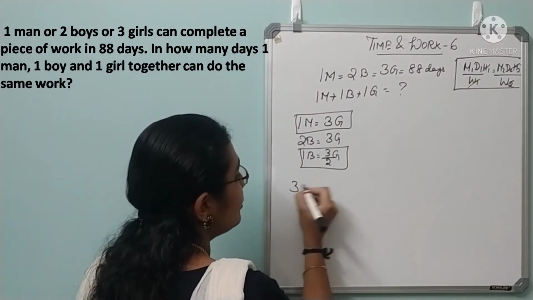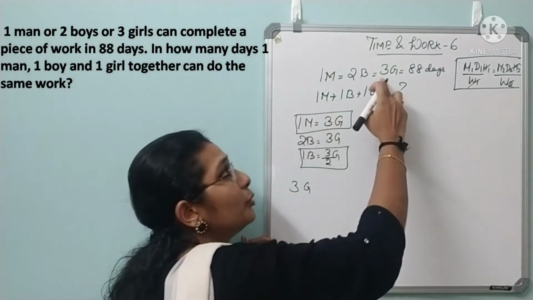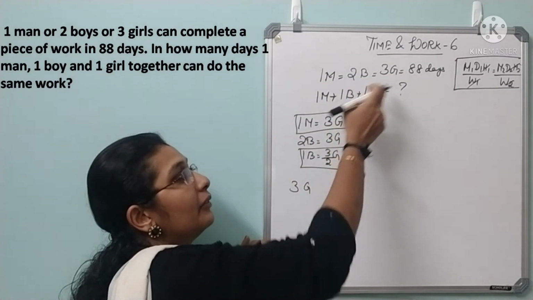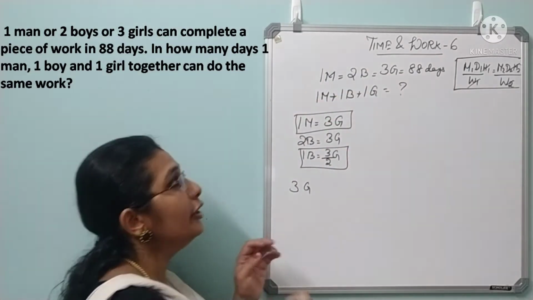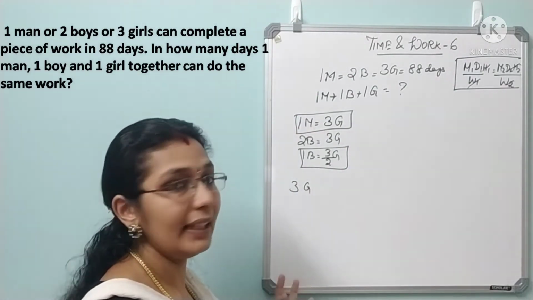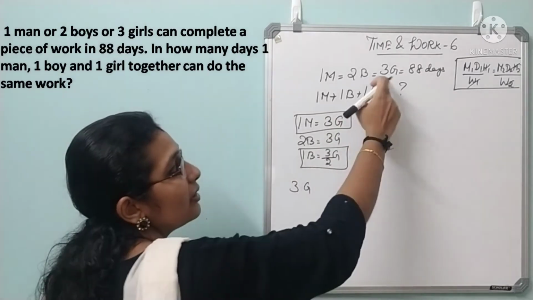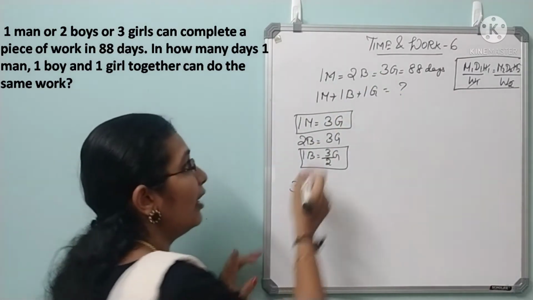You can choose 3 girls because I have converted everything to girls. Suppose you have converted everything to man, you will have to choose 1 man, and equate that to the right hand side. Clear what I said?